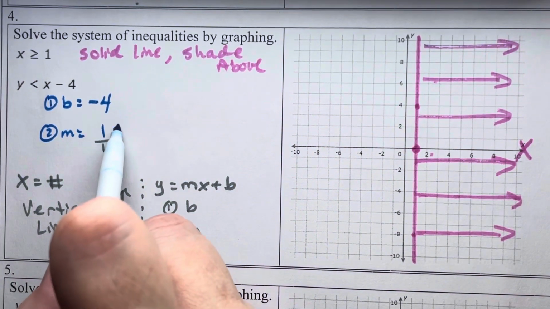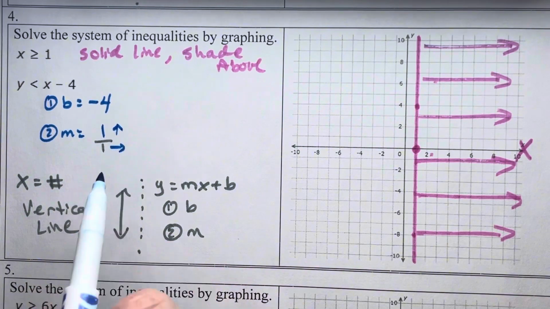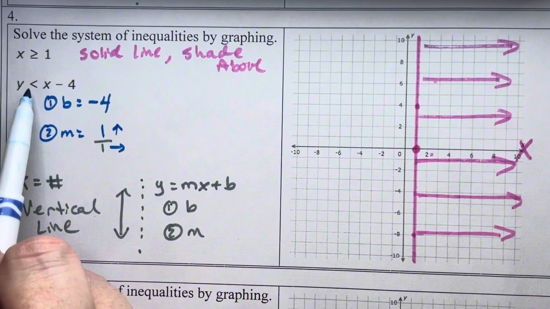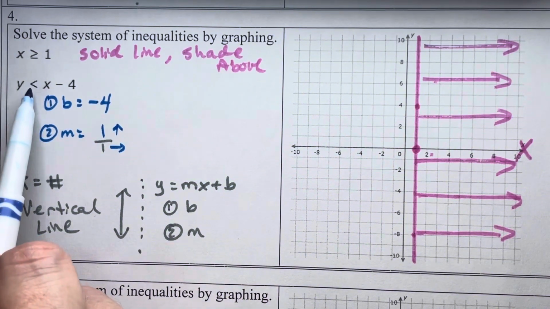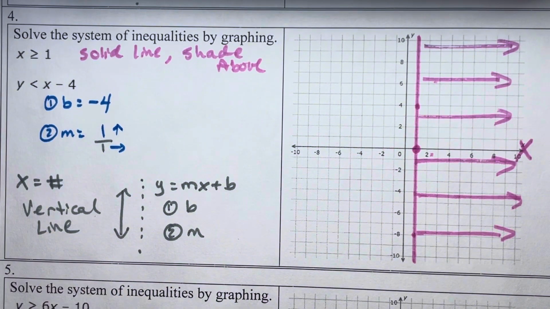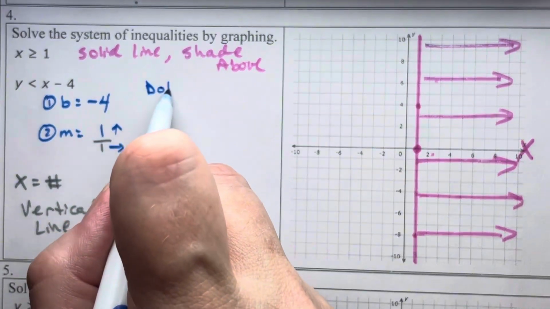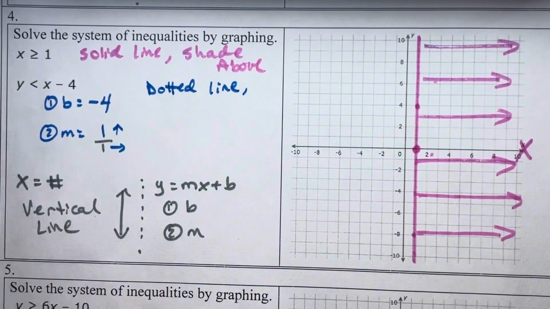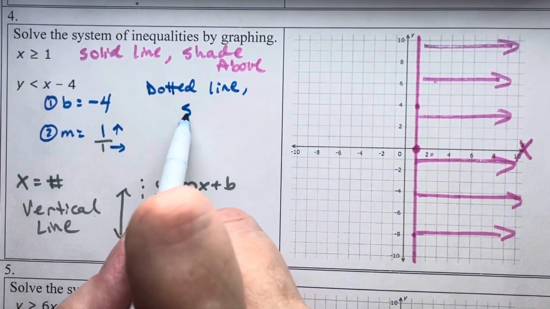Since this is a positive slope, our line will be traveling up and to the right. Our inequality symbol tells us that because this is a less than, and not or equal to, just less than, that we are going to have a dotted line. And because it is less than, we are going to shade below.